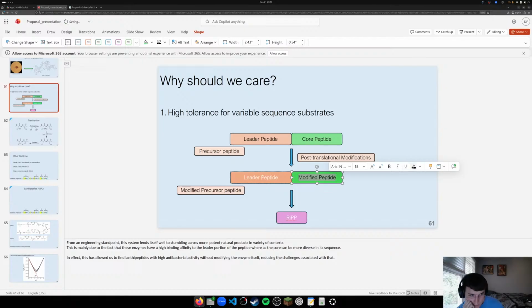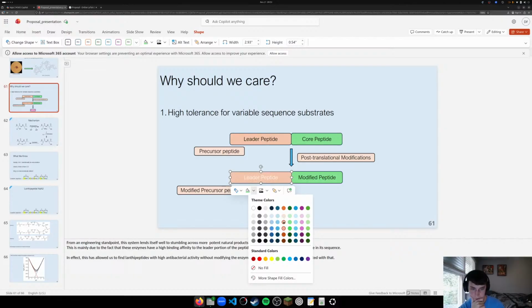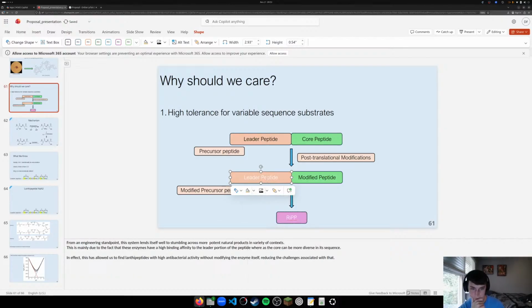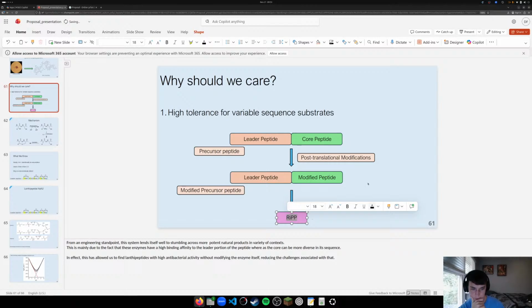And also there's just little stuff like this that takes forever, just like aesthetics. I think it looks better.